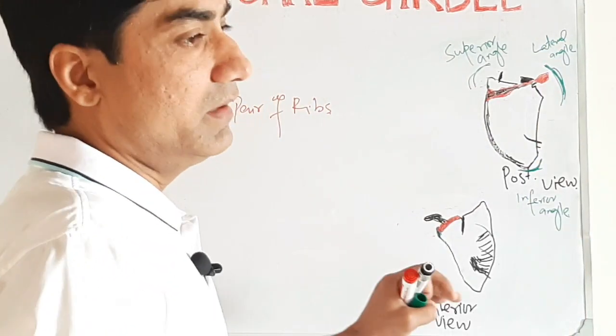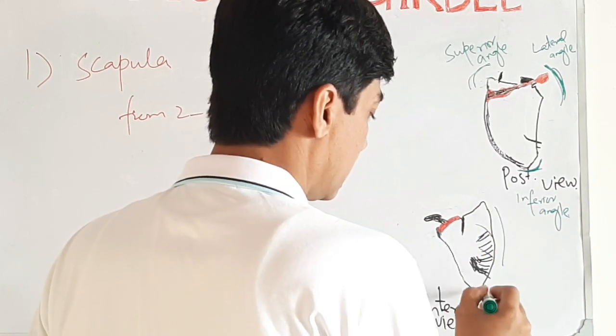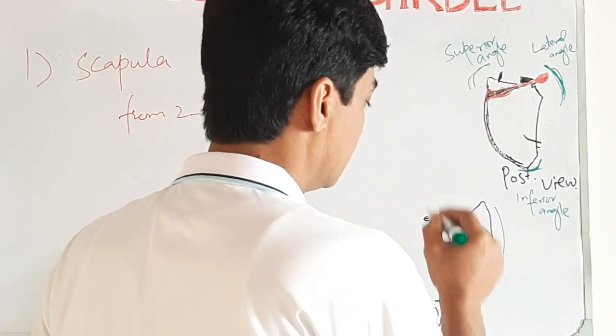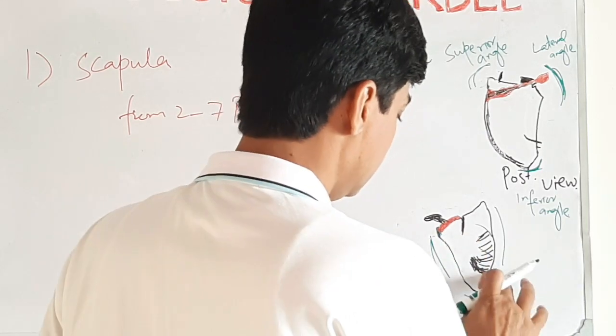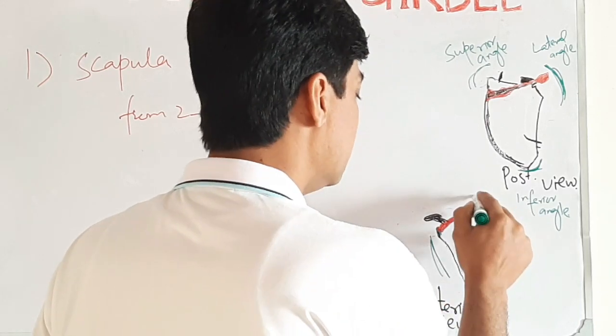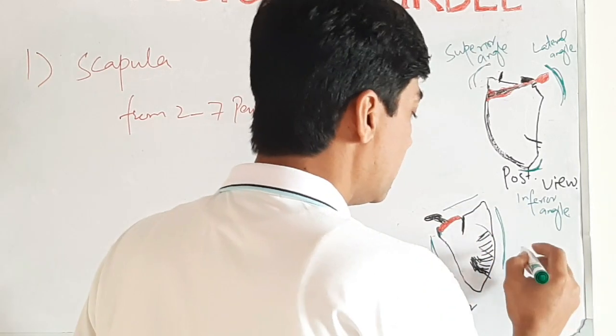It also has three borders. This one, and this one. This is the lateral border.